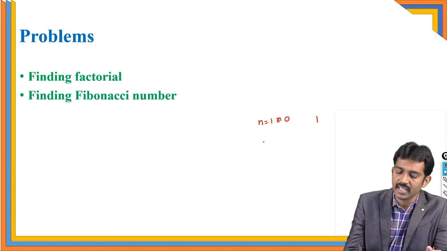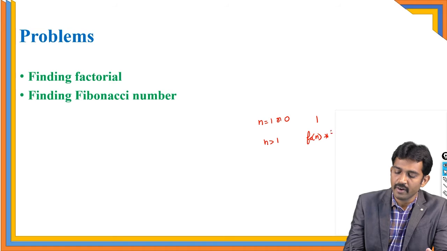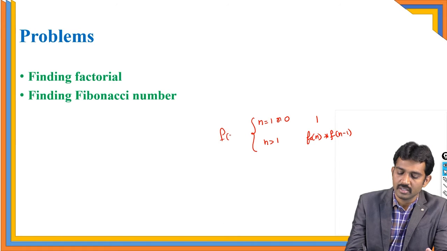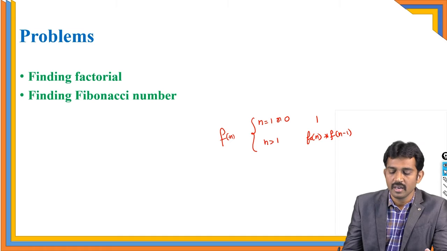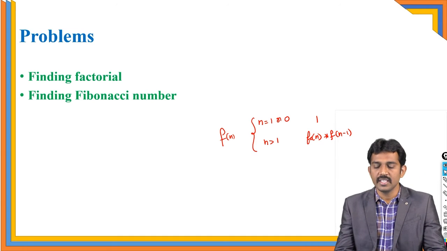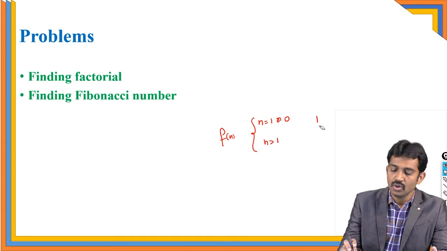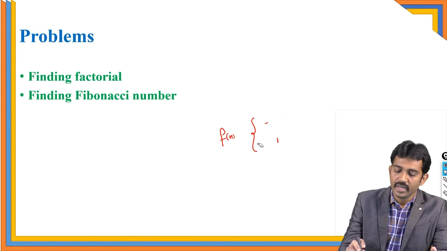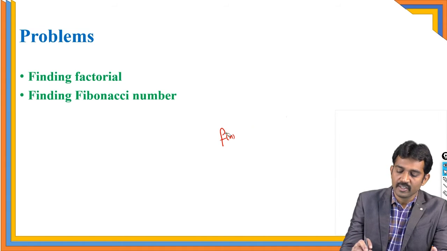In the remaining cases, where n is greater than 1, we write n into f of n minus 1. This is the factorial function. If you are clear with this, then we can write the factorial function.